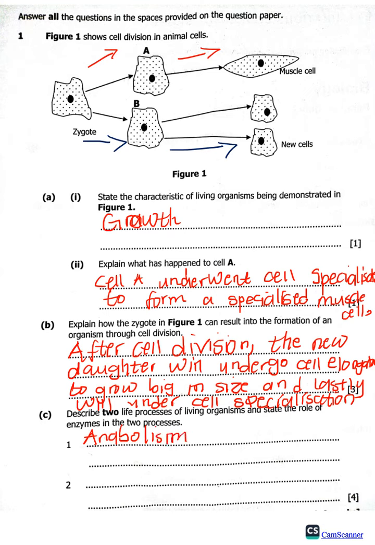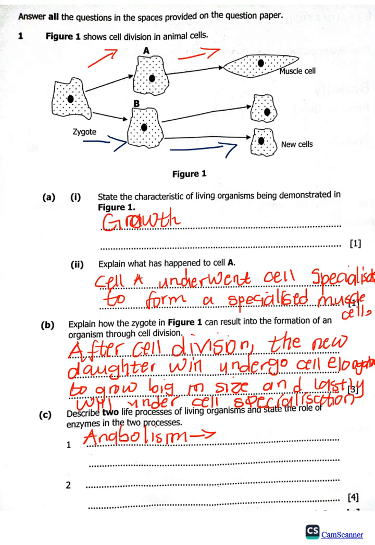Anabolism describes the building up where two or more small molecules are combined to form a large molecule. An example, when a liver takes small molecules of glucose and combines them to form glycogen. So that is our first process.